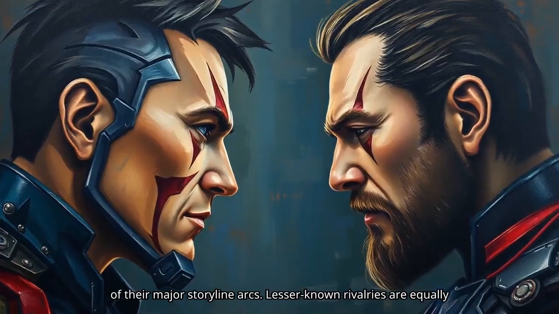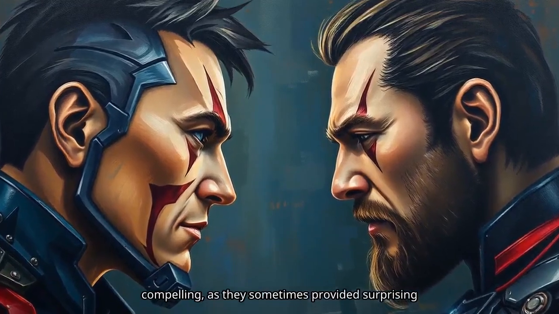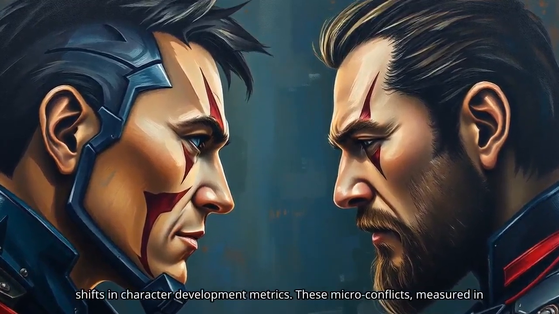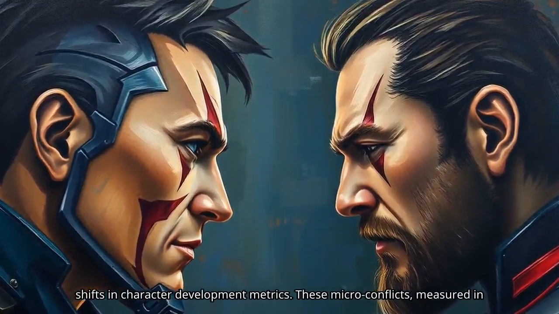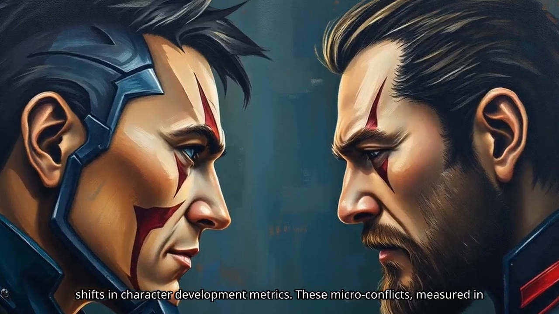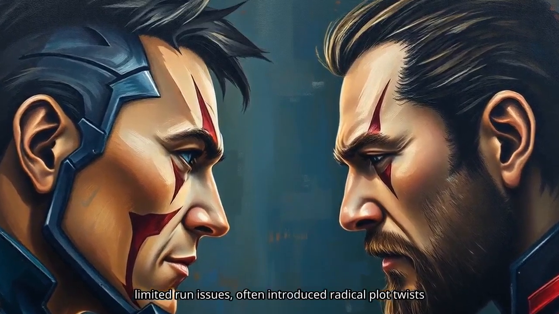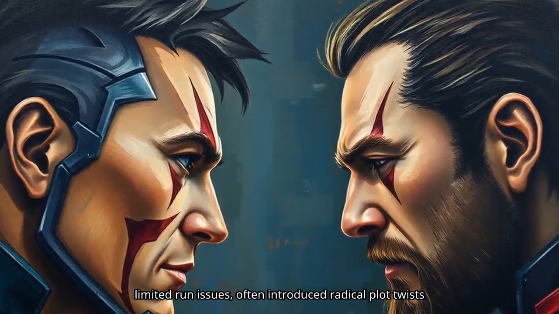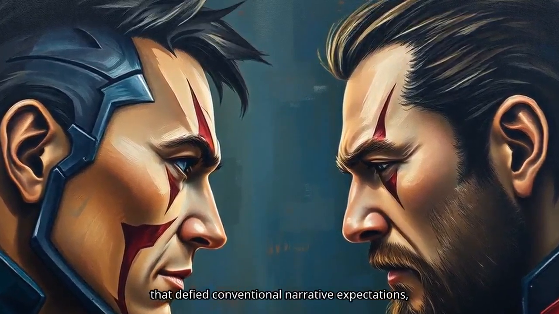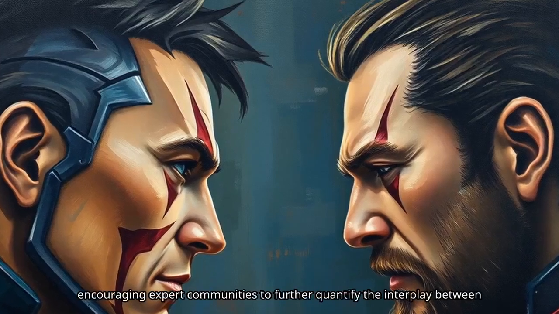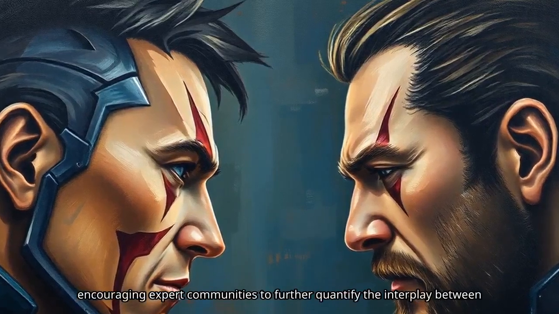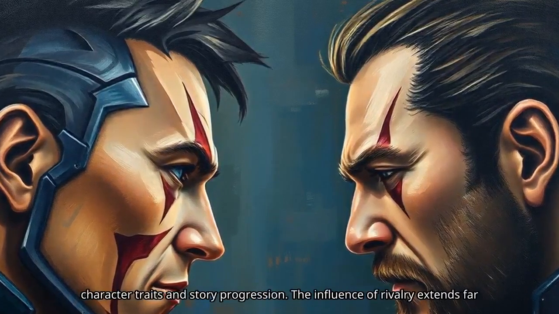Lesser-known rivalries are equally compelling, as they sometimes provided surprising shifts in character development metrics. These micro-conflicts, measured in limited-run issues, often introduced radical plot twists that defied conventional narrative expectations, encouraging expert communities to further quantify the interplay between character traits and story progression.